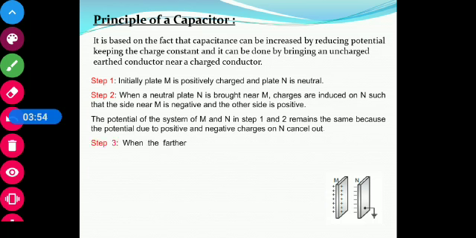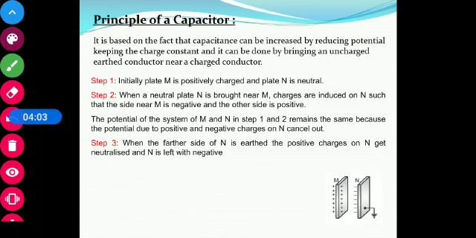Step 3. Now when the farther side of N is earthed, meaning connected to the earth, the positive charges on N get neutralized and N is left with negative charges.